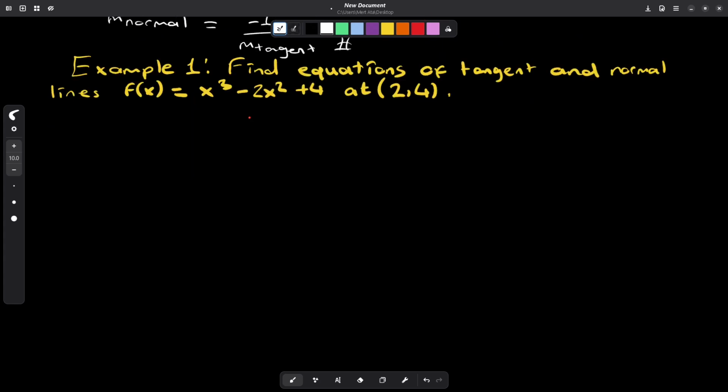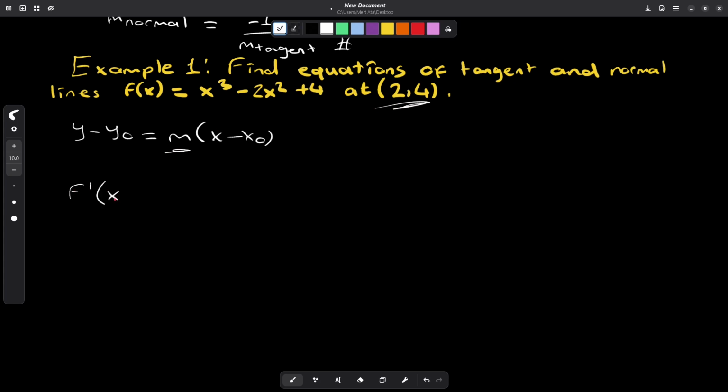First example, find equations of tangent and normal lines of f of x, a function given to us, at 2, 4. All right, really good. Of course, the equation of this line will be y minus y0 is equal to m multiplied with x minus x0. I have the point, but I don't have the slope. To evaluate the slope, I need to know the derivative.